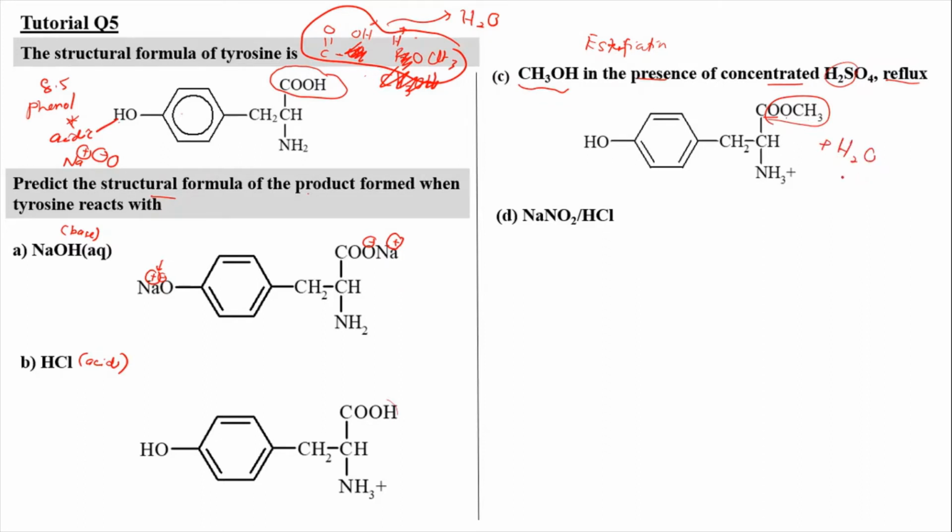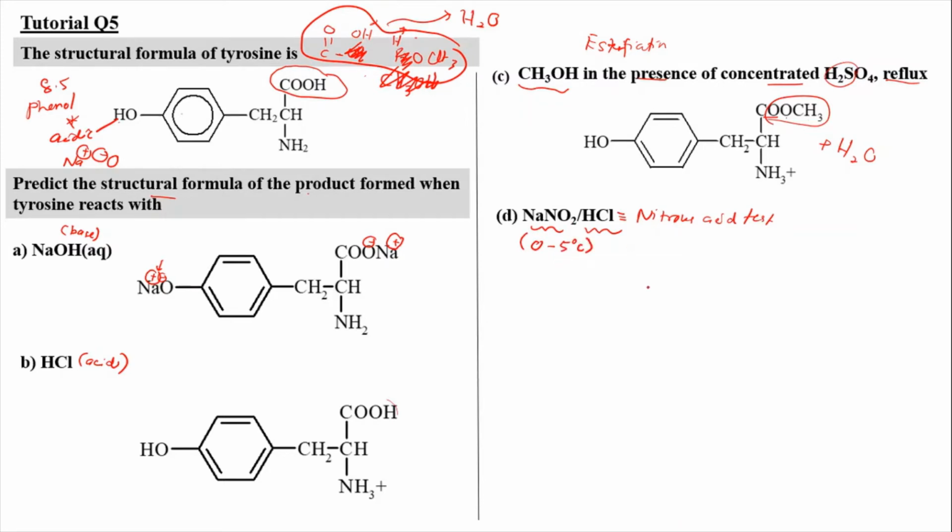Okay, so now we're going to do the reaction of D, which is sodium nitrite with HCl. This reaction is the nitrous acid test, and it needs to happen at low temperature, which is 0 to 5 degrees Celsius.